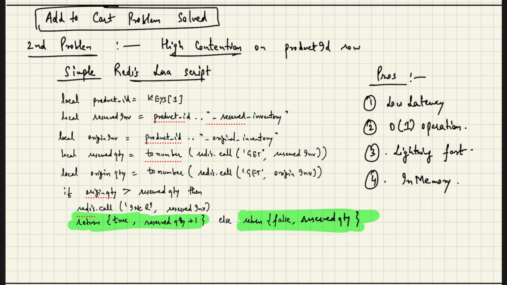For example, the product ID is this one, the reserved inventory is this one, the original inventory is this one. We are just calling the get operations, and if the original inventory is greater than the reserved quantity, then it would increment the reserved inventory on the checkout part.